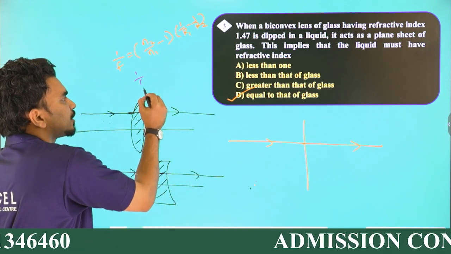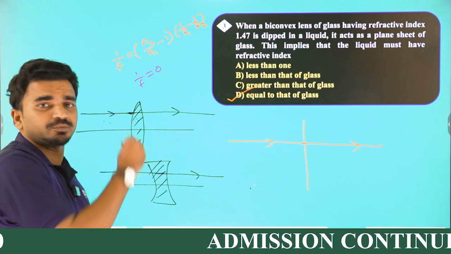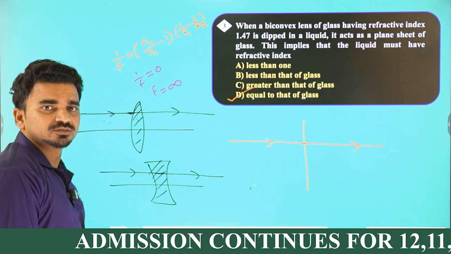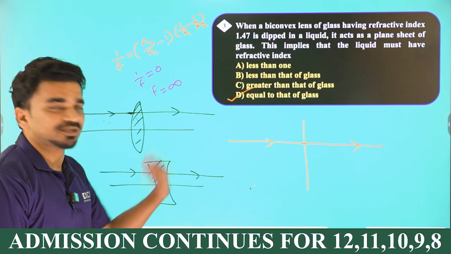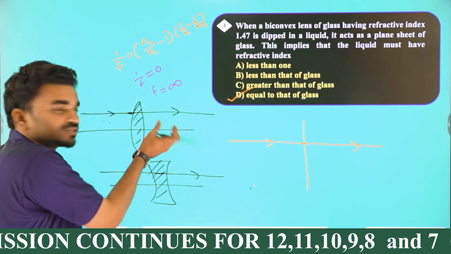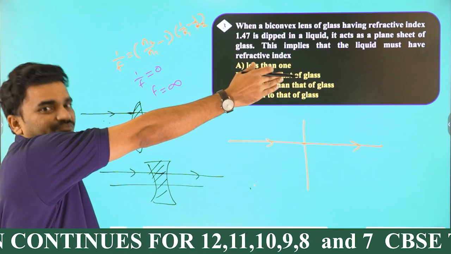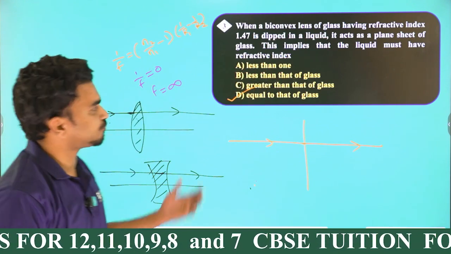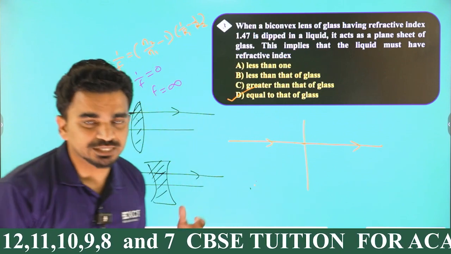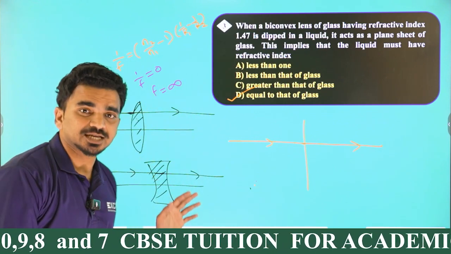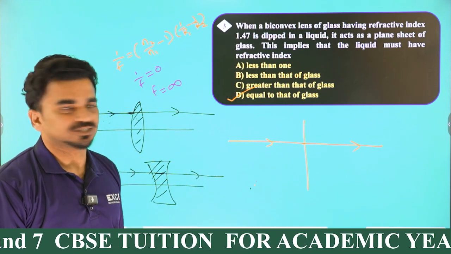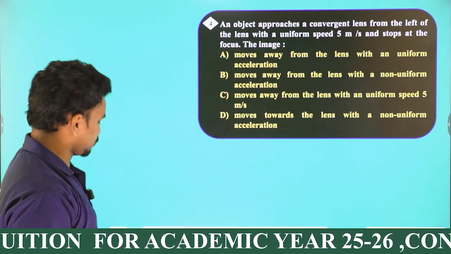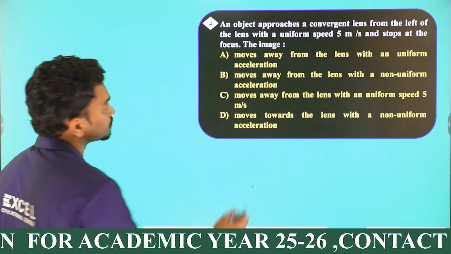You will get 1 by f equal to 0, as we solved before, which means the focal length is infinity. Focal length is infinity means it's a plane sheet. The light ray won't converge at a near place, it converges at infinity. So when the media's refractive indices are equal, the focal length becomes infinity. It means it acts as a plane glass. You got the idea, right? Yes, keep it in your mind. That's a good question. Let's move to the next thought.